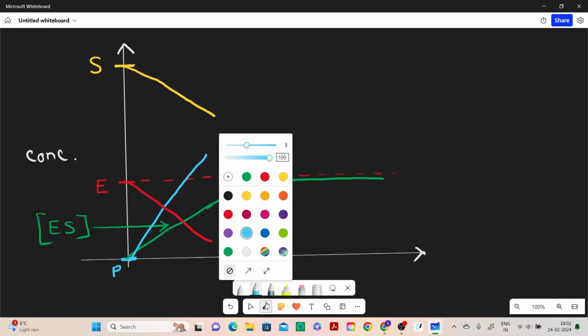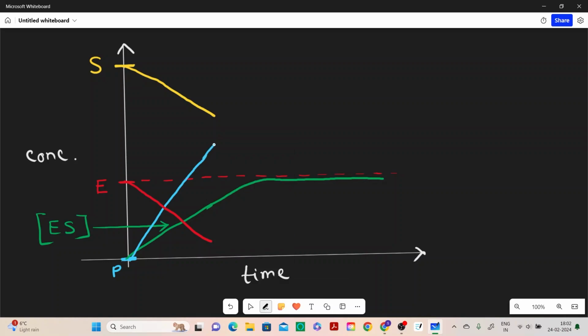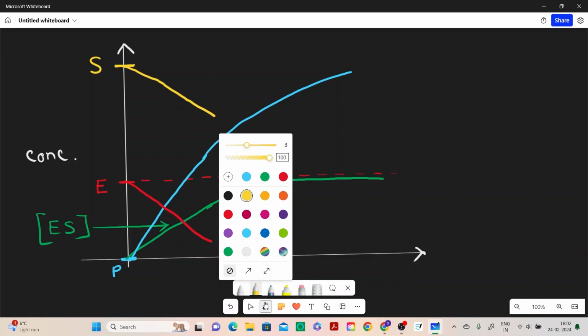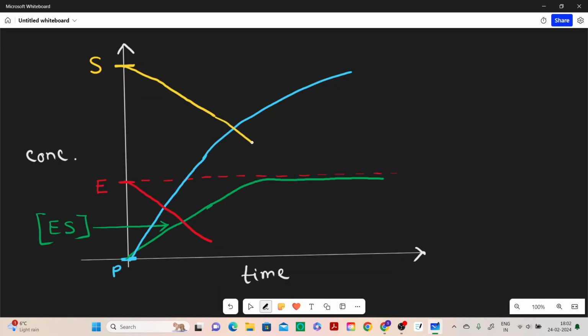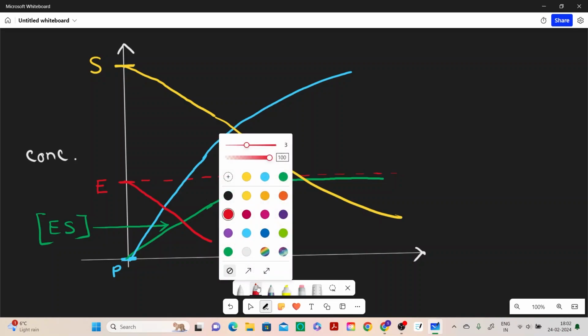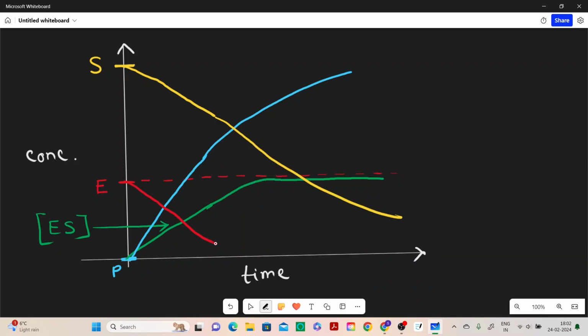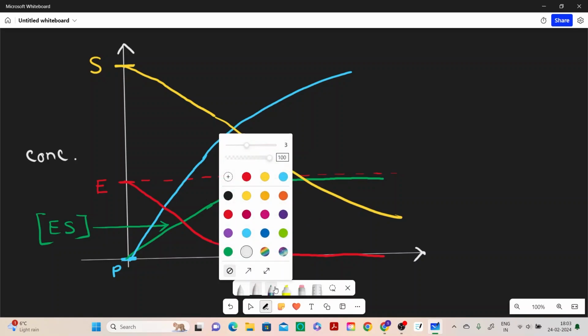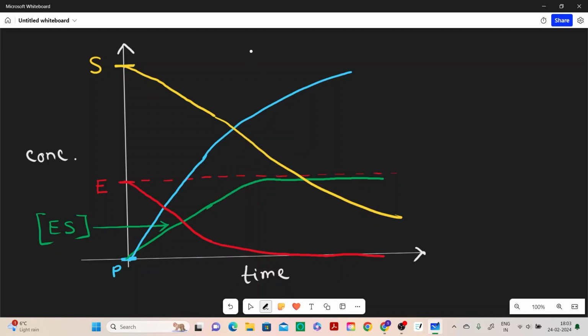And apart from that, you can guess what will happen. The product will increase and the substrate will decrease, and the amount of free enzyme will go down as well. Alright, now what we need from this graph is basically this plateau region. Why? I will tell you.